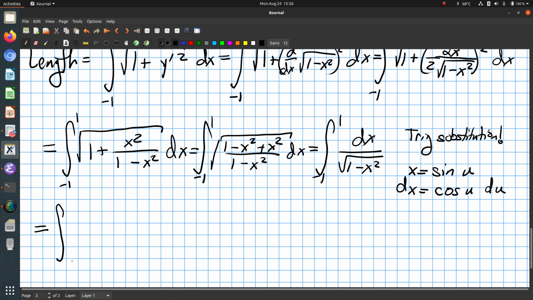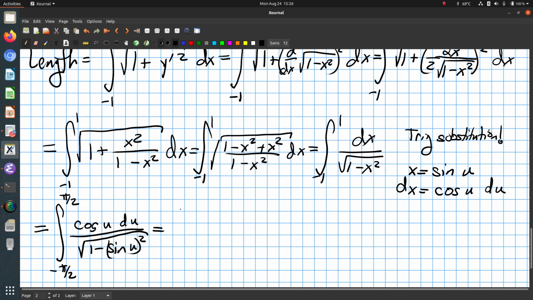My limits now need to be in terms of u. These are inverse sines. The inverse sine of -1 is negative pi over 2. That's where the pi's come from. It's actually the limits. The dx becomes the du thing, but it's a cosine u. About the denominator, that's 1 minus sine u squared.